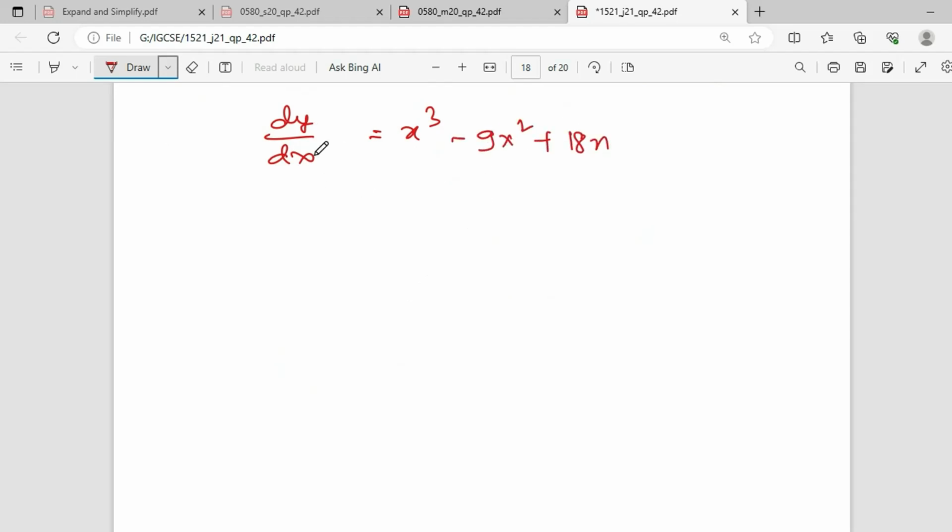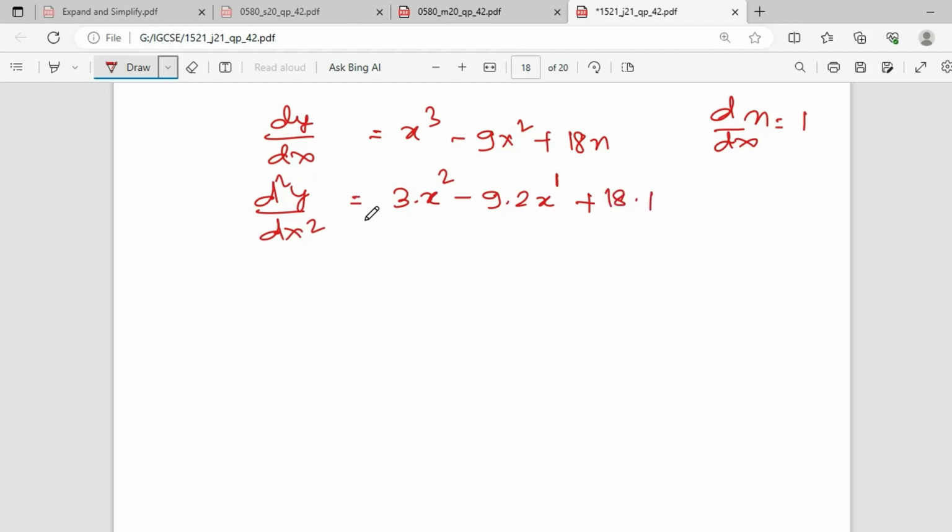Again we have to differentiate it, so d2y by dx square with respect to x. x cube, x to power n, that means 3x square, minus 9 into 2x to power 1, plus 18x. The differentiation of x is always 1, so 18 into 1. So our double differentiation is now 3x square minus 18x plus 18.